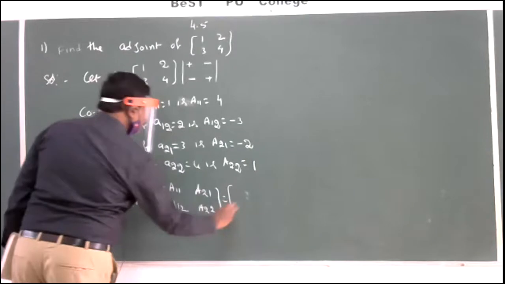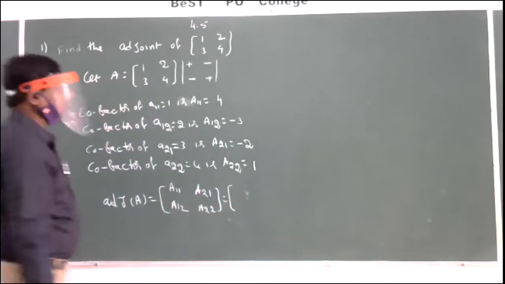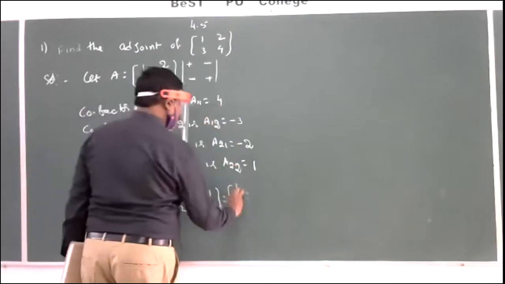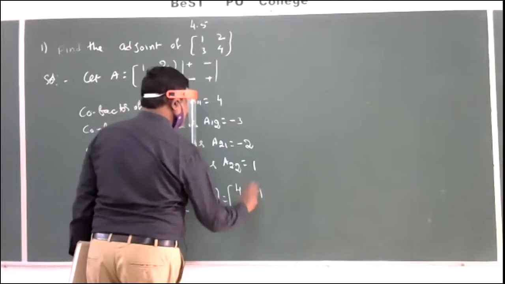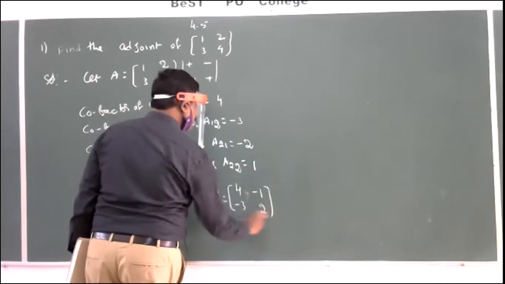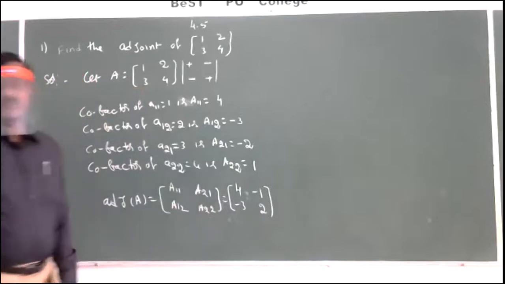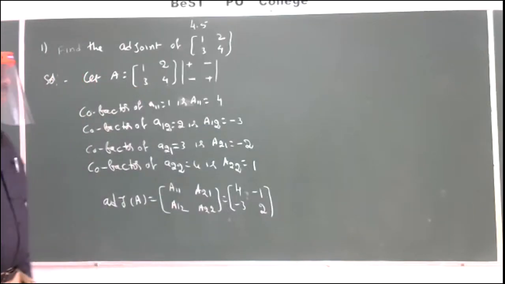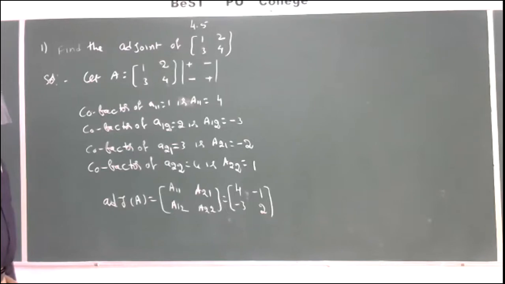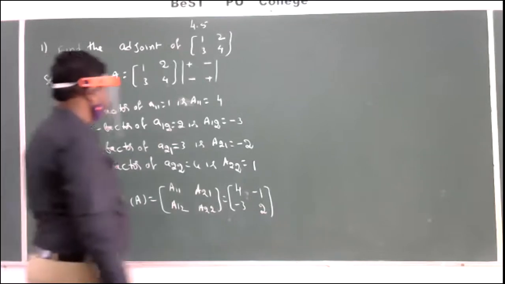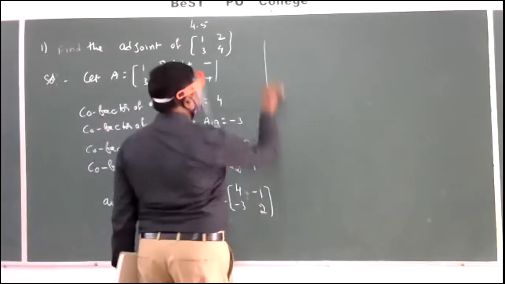This is equal to [4, minus 3; minus 2, 1] transposed, that is [4, minus 2; minus 3, 1]. That is adjoint A.